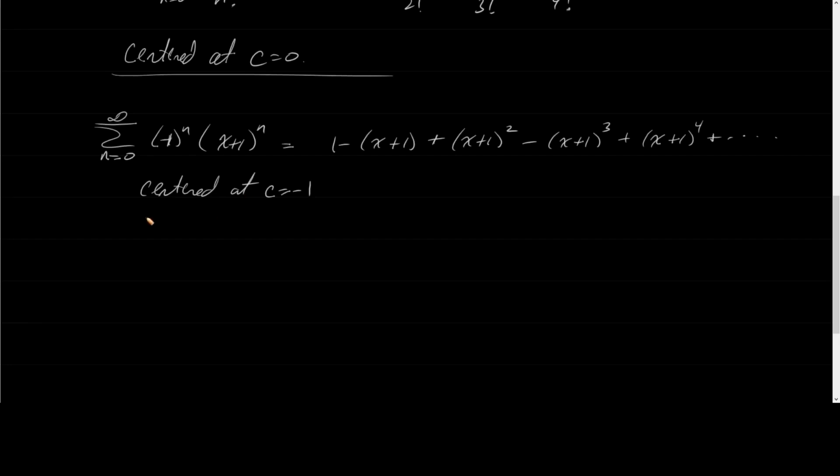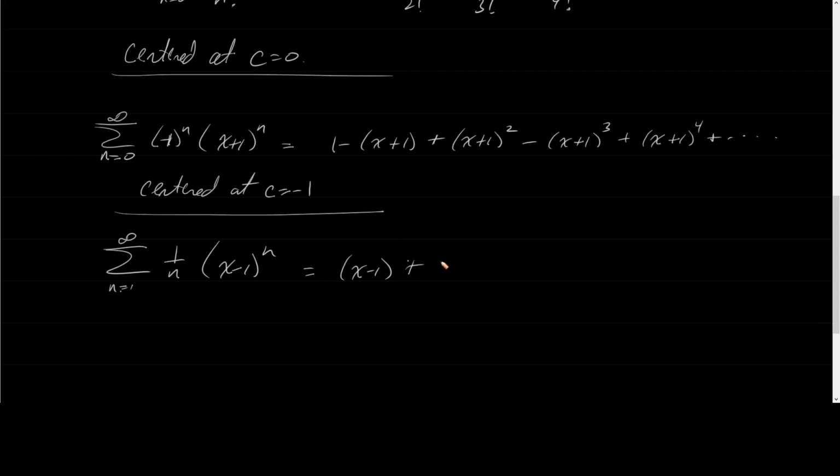Another example. Let's say we have the summation from n equals 1 to infinity of 1 over n times x minus 1 to the n. Well, what would this be? We're starting at 1, so x minus 1 plus x minus 1 squared over 2 plus x minus 1 cubed over 3 plus x minus 1 to the 4th over 4, so on and so forth.